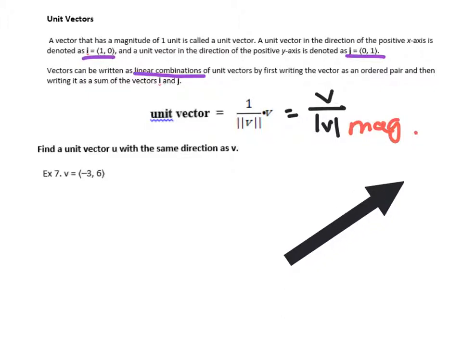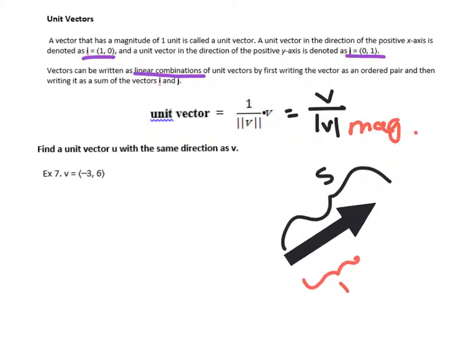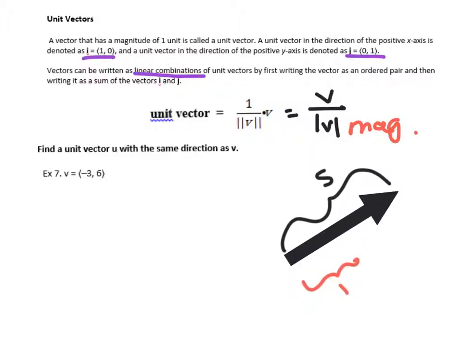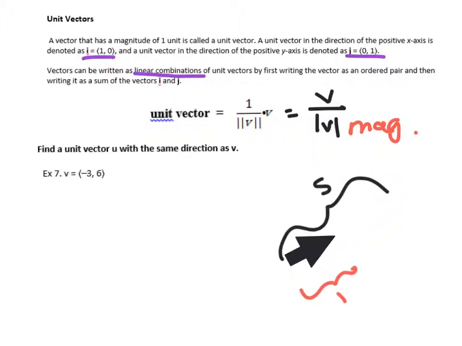So it was 5, and now you're reducing it so that it's a length of 1 instead of a length of 5. You're taking whatever that endpoint is and dividing it by its magnitude to take it to a length of 1.